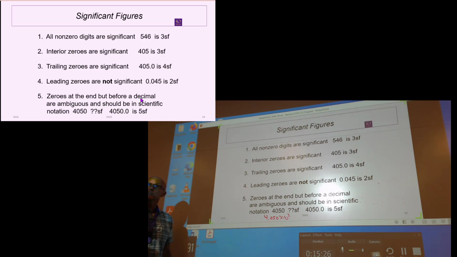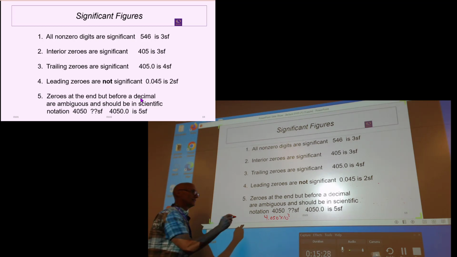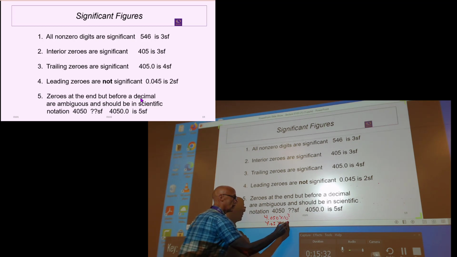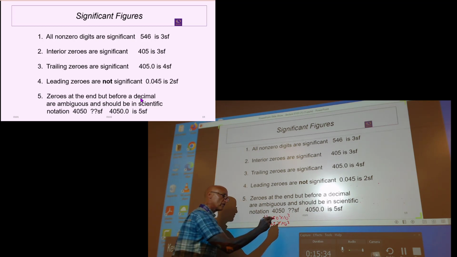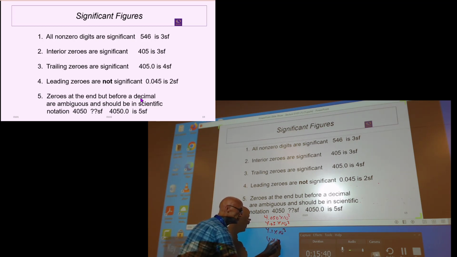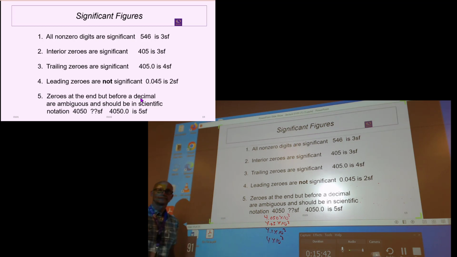But if I wanted to show 3, and if I want to show 2, and if I want to show 1, yay scientific notation. Got it?